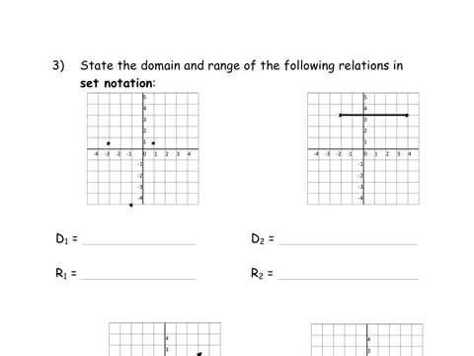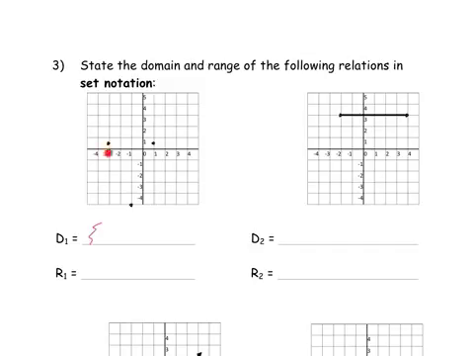Okay, in the last couple of examples, we're going to take a look at graphs specifically. So here, instead of giving you ordered pairs, I'm giving you actual points. If we look at it, this would be the point (-3, 5). This would be the point (1, 1/2). And this would be (-1, -5). So the domain is all the possible values of x.